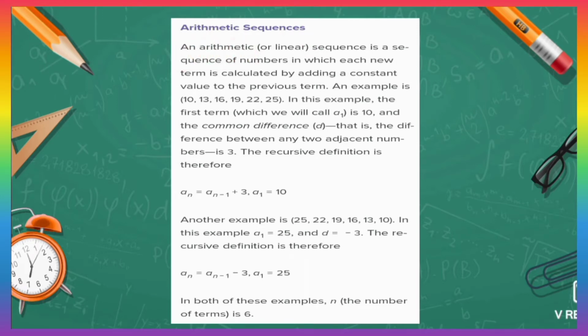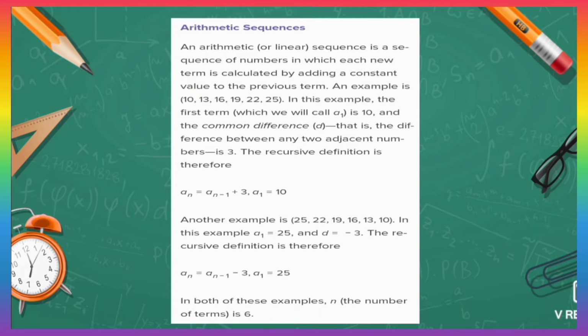Arithmetic sequences. An arithmetic or linear sequence is a sequence of numbers in which each new term is calculated by adding a constant value to the previous term. So, ibig sabihin daw, yung new term natin ay dadagdagan or mag-a-add tayo ng mga number na yun yung magiging second term natin. At sinabi constant value.